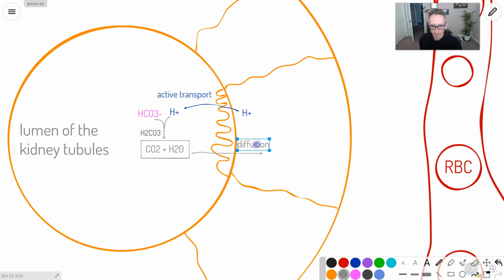Okay, so now we have CO2 plus H2O. It's like a sneaky way to get these inside. And now we just reverse this. Might seem silly, but we reverse this.